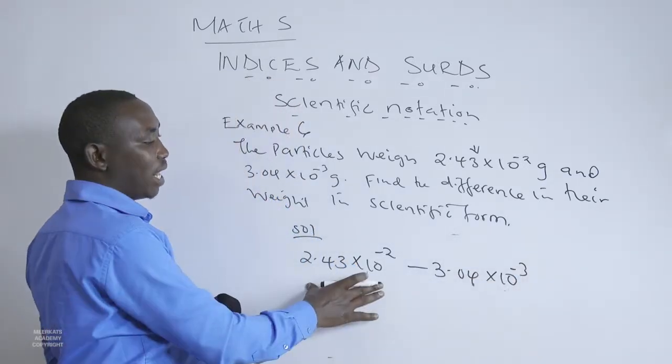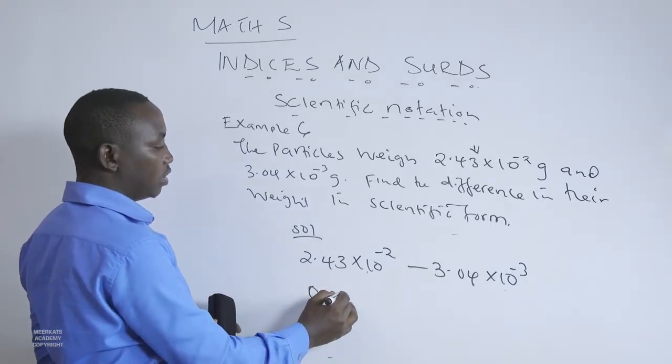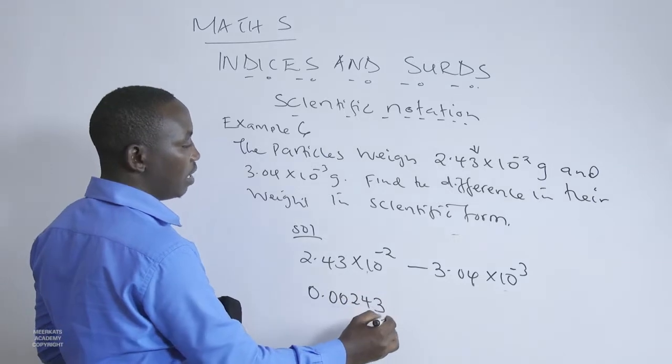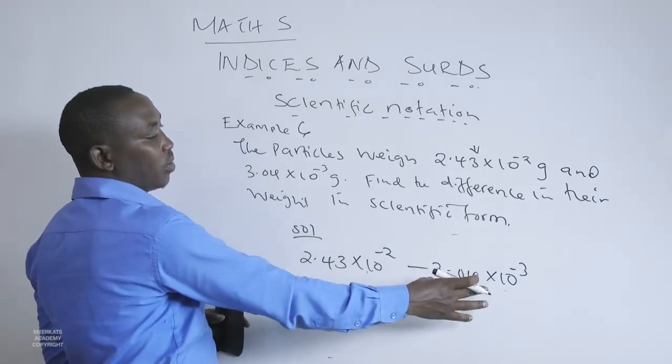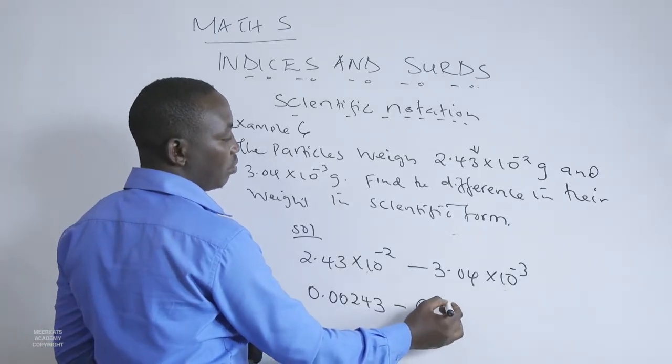Another way is by writing these numbers in decimal form, which will give you 0.0243. Subtract this one in decimal form.